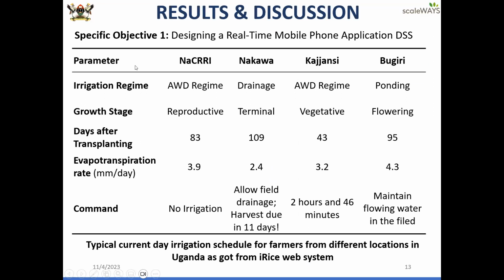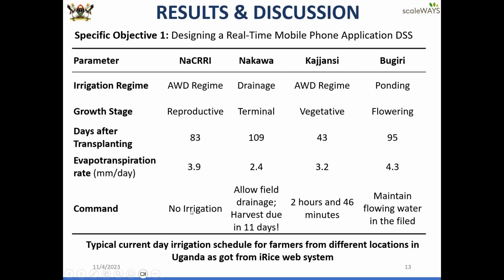So when you look at this table, it shows the ability of the tool to carry out forecasting and send information to farmers in different locations with crops at different stages. When you look at the irrigation regime and growth stage, reproductive, terminal, vegetative, and flowering, all can be checked, and information can be calculated and sent to the farmer differently and in different locations, as you can see on the parameter location, where we have Nakri, Nakawa, Kajansi, and Ujiri.